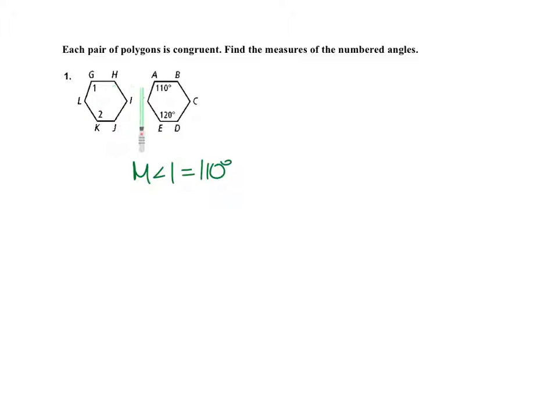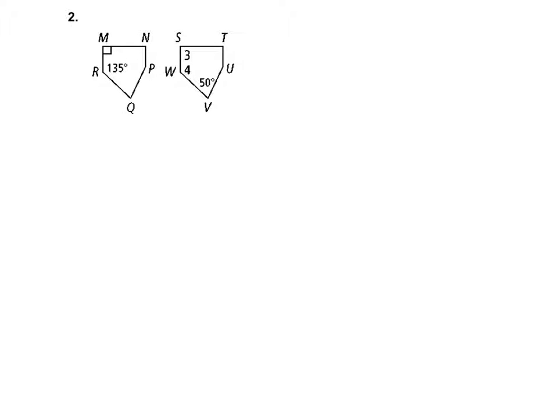Because G is congruent to A and K is congruent to E, the measure of angle 2 equals 120 degrees. The next one, I know that angle M is congruent to S, so the measure of angle 3 equals 90 degrees, and the measure of angle 4 equals 135 degrees.